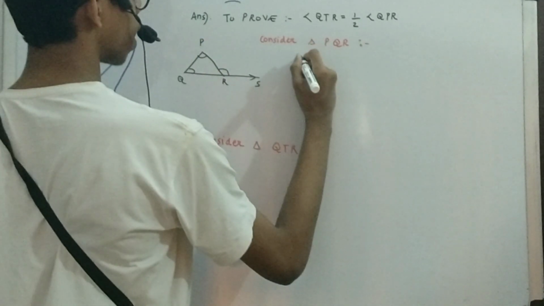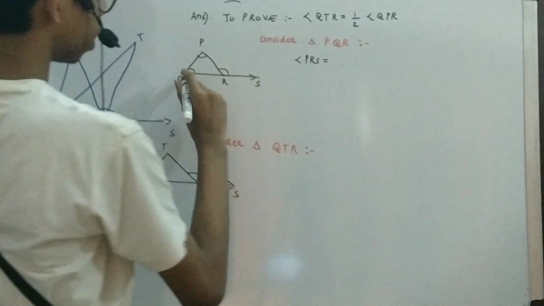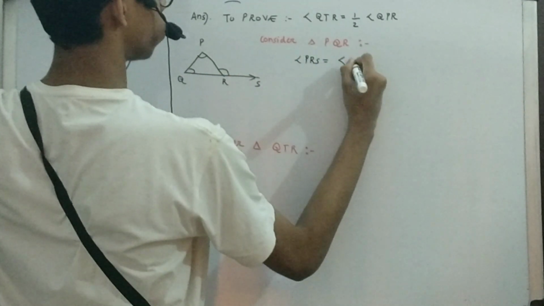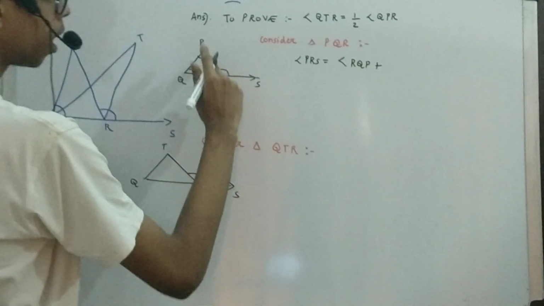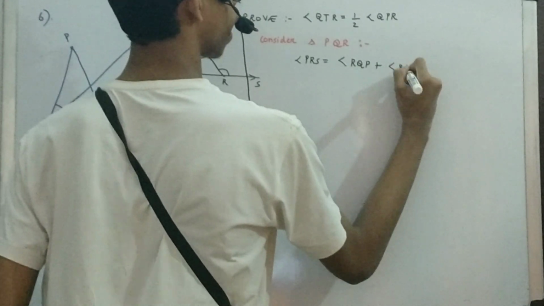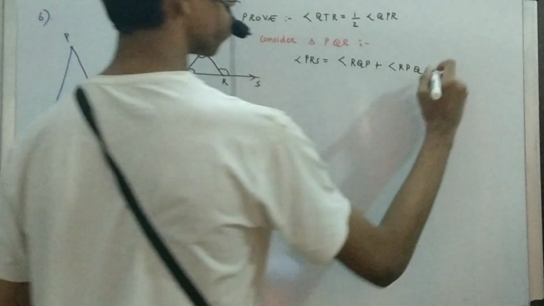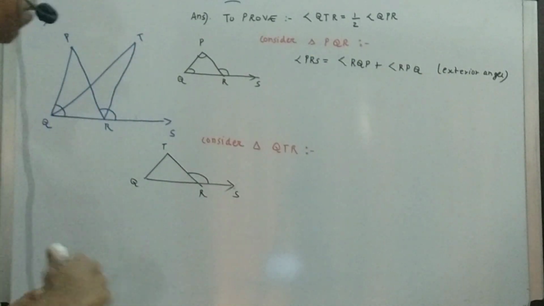So from here I can write angle PRS is equal to angle RQP plus angle RPQ, isn't it? This we have written using our exterior angle property.